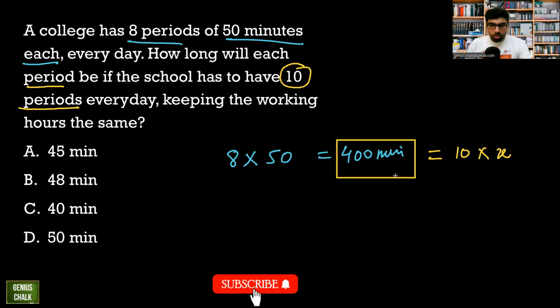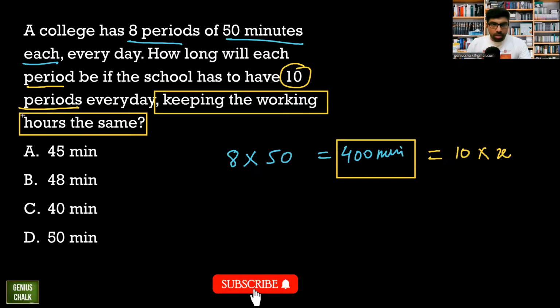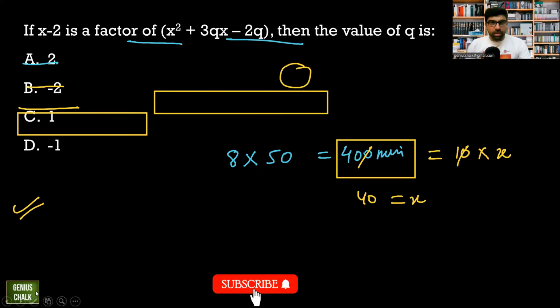Working hours the same means this 400 minutes totally should be the same. So this will be equal, and you can find the value of x from here. It will be 40 minutes. That means x is 40.